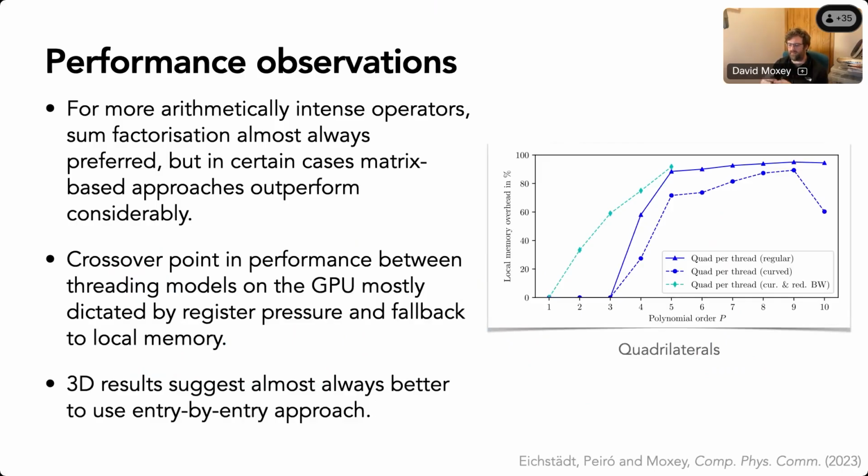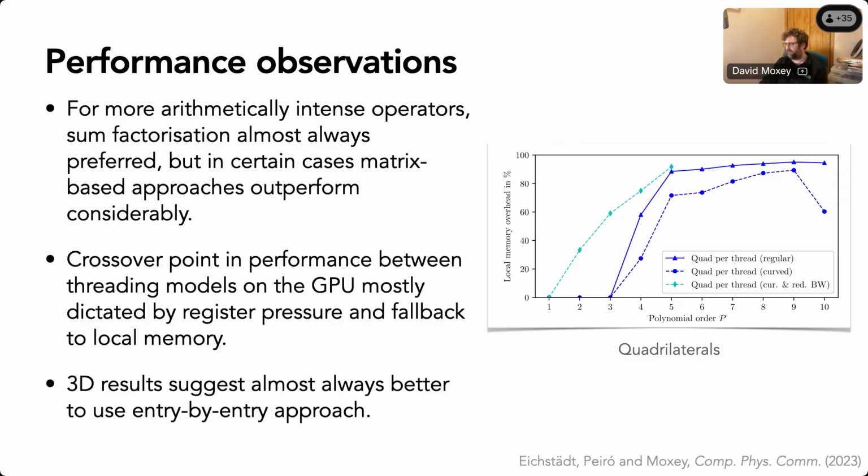In terms of the GPU parallelization strategies, what we generally found is that this crossover point between whether you thread over the element and whether you thread over the quadrature points or the modes really depends on, first of all, your GPU hardware, but essentially on register pressure. So once you start getting above a certain polynomial order, what the figure on the right shows you is that you start basically running out of registers.